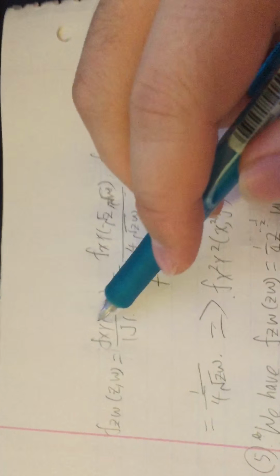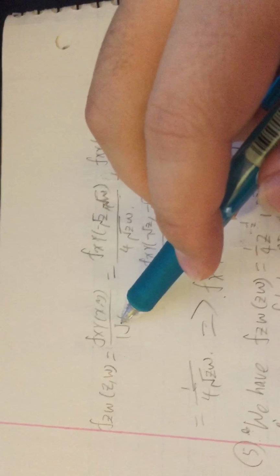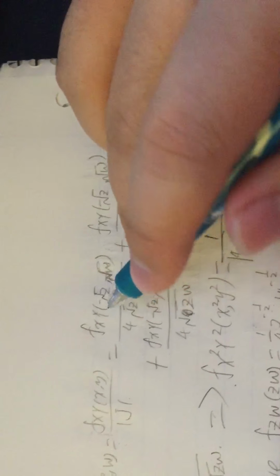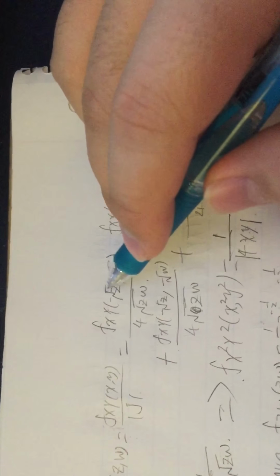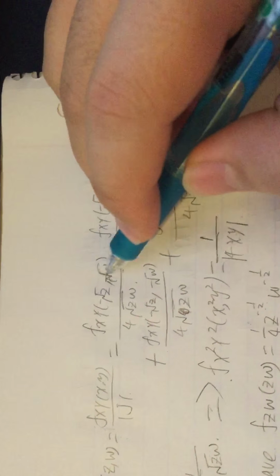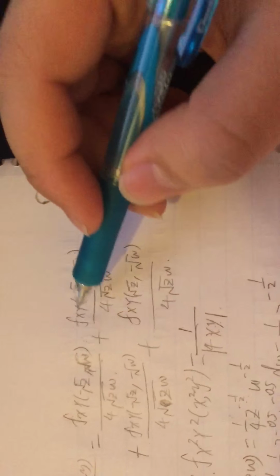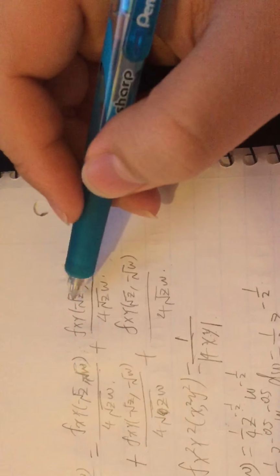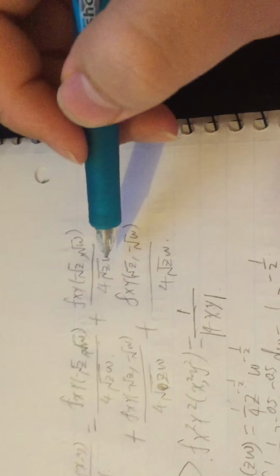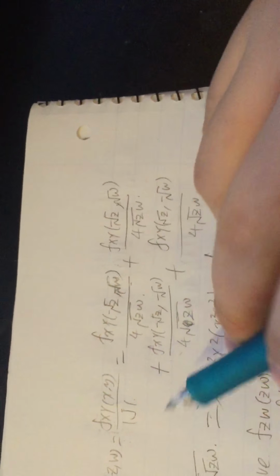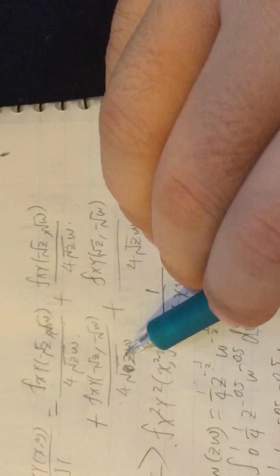Then for f_ZW of z and w, equal to f_XY of x and y over |J|, which is x equal to negative square root of z and y equal to negative square root of w, over 4 times square root of z times w, plus f_XY of negative square root of z and square root of w over 4 times square root of z and w, plus the other terms, which is these 4 areas that I mentioned here.